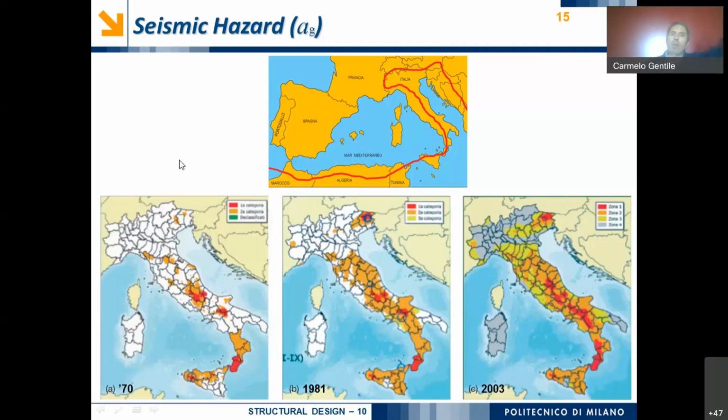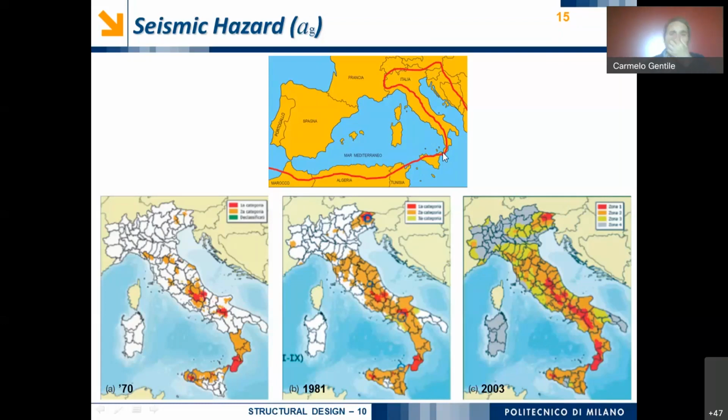So, for example, every one of us knows very well that one of the most important faults in the world is placed in California. And the name of that fault is the San Andreas fault. But also in Italy, we have a very important fault that is practically crossing all our Apennines, along this line.